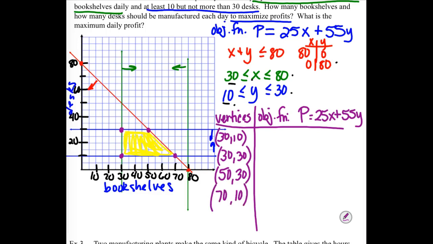All right, agree, disagree? We okay with those points? All right, we're going to plug them into our objective function.